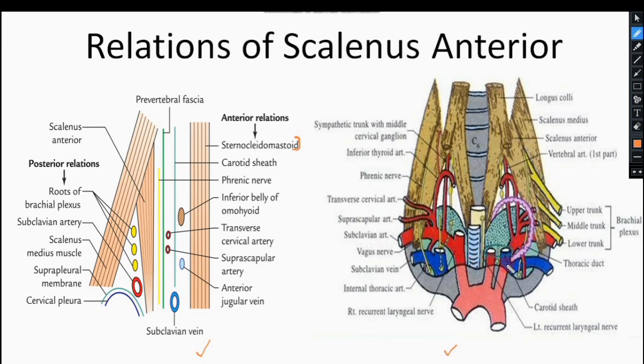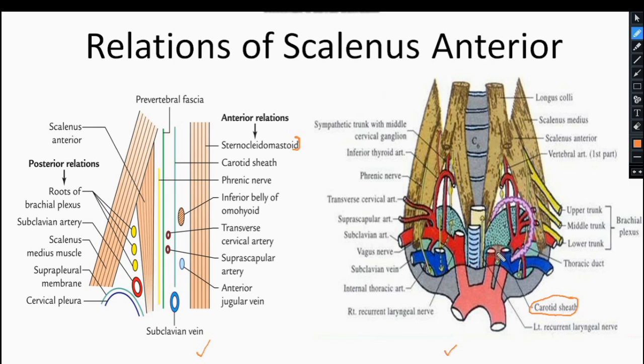Further going deeper, we see this structure. This is the carotid sheath, which contains the internal jugular vein and common carotid artery as well as vagus nerve.